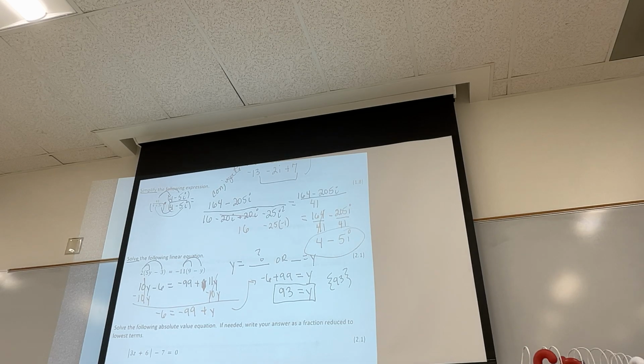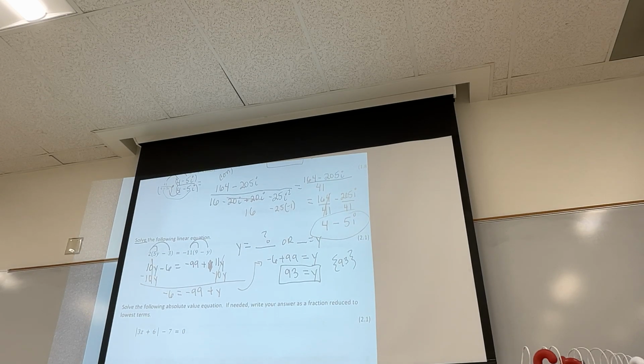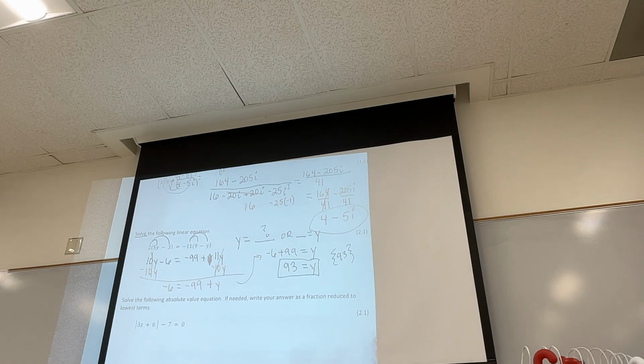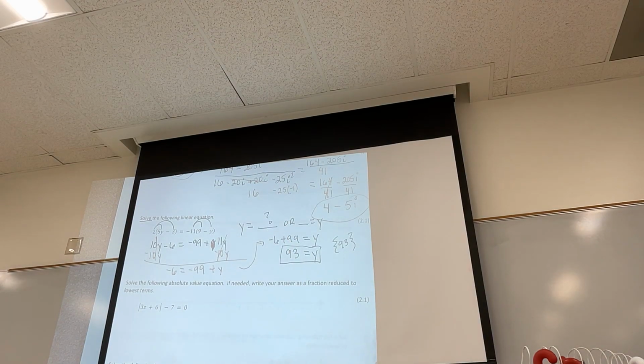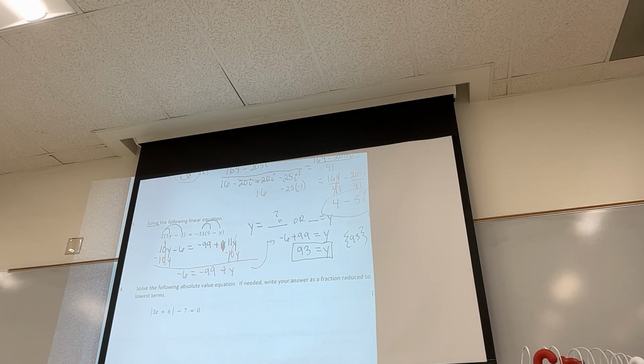Okay. Number 4, solve the following absolute value equations. We had 3 rules we learned about absolute value. What were those 3 rules again? If the absolute is isolated, it's by itself, it equals a positive, we get how many answers? 2.